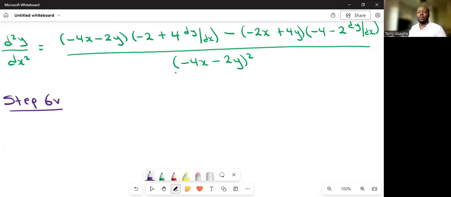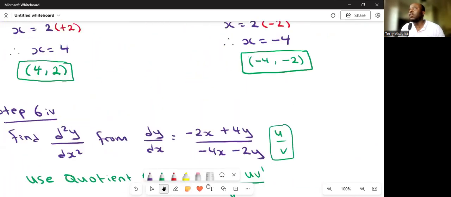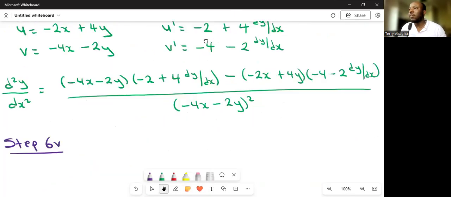So that means we're going to substitute. The first coordinate at the stationary point we had was 4 and 2. So we're going to start with the first one, 4 and 2, and substitute them into the second derivative.